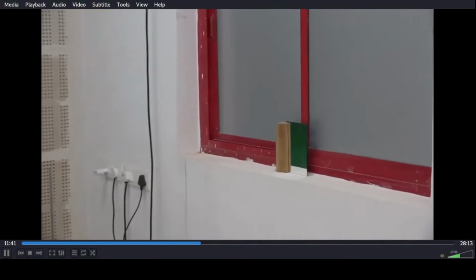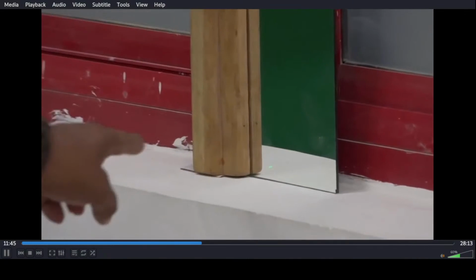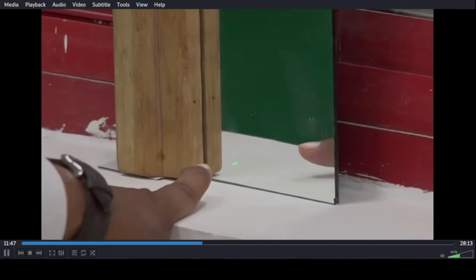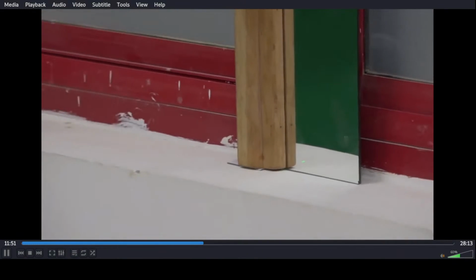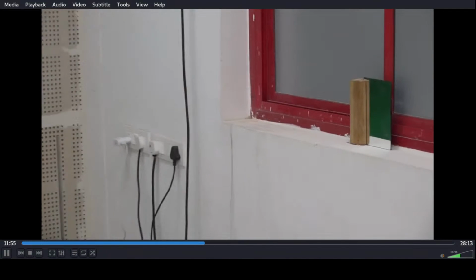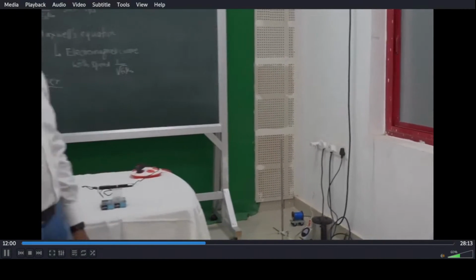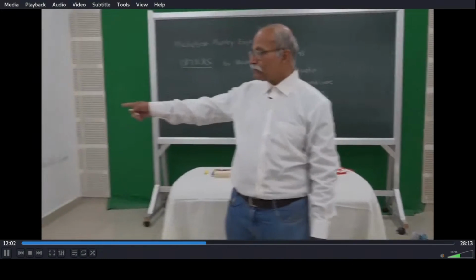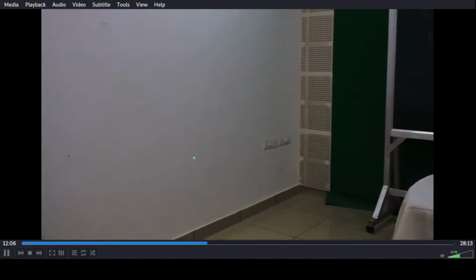You can see the mirror, and you can see a green spot somewhere there. So this laser beam is falling on that mirror, reflecting back and going to a wall. After reflection the beam goes to the wall, and there you see a spot.